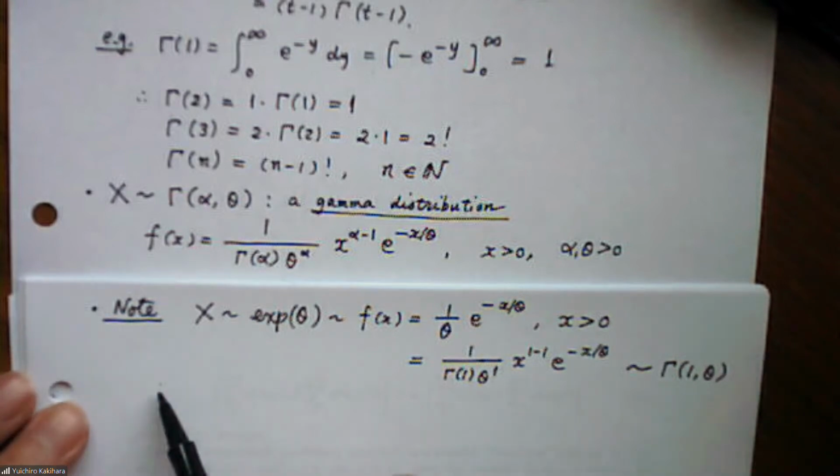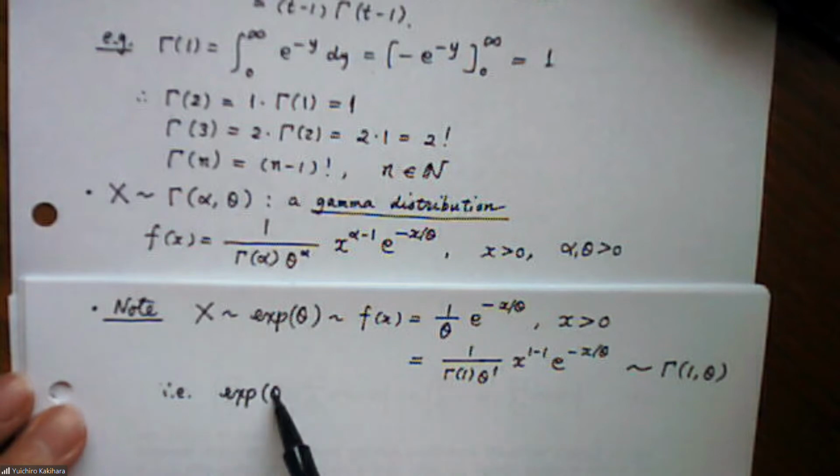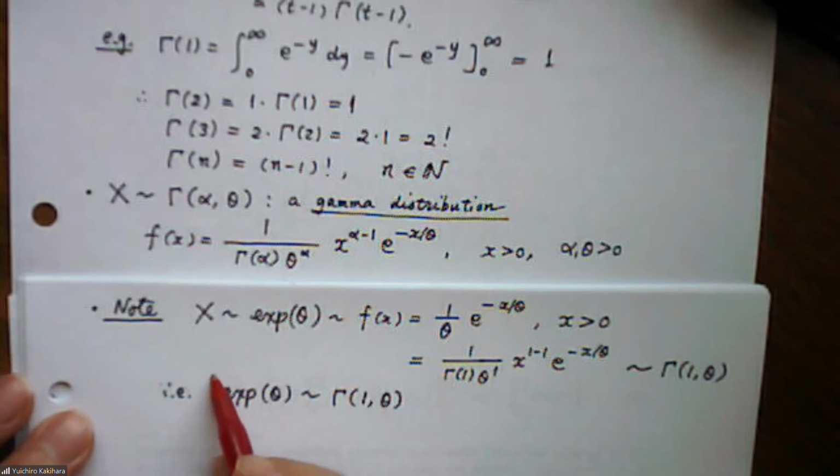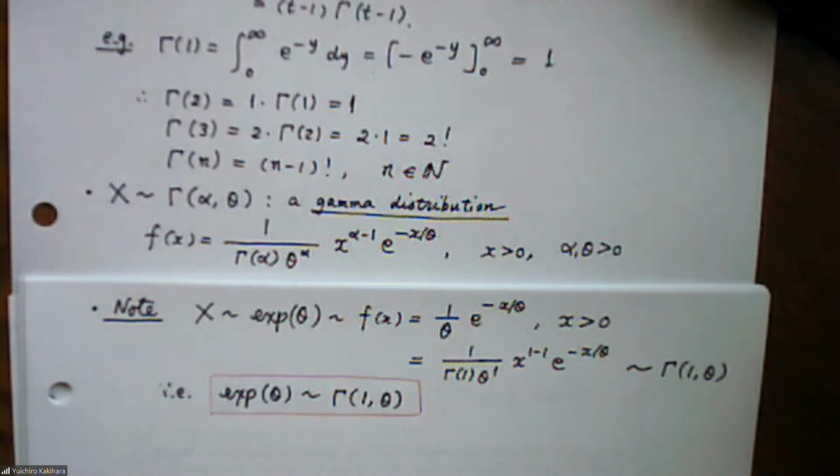I.e., the exponential distribution is a special case of the gamma distribution with parameter alpha equal to 1 and theta just theta. Please note, this is important. Gamma of 1, theta is the exponential distribution.